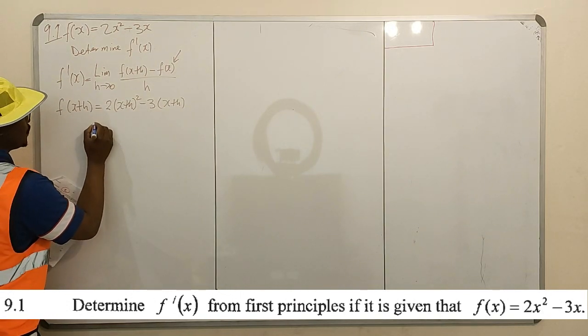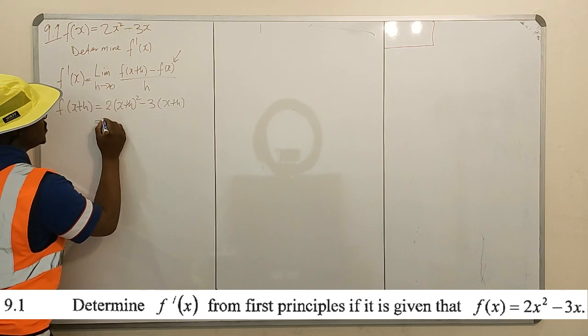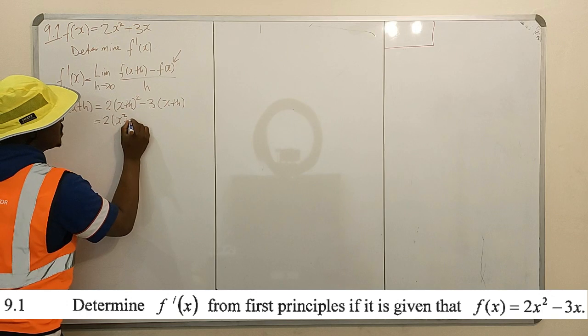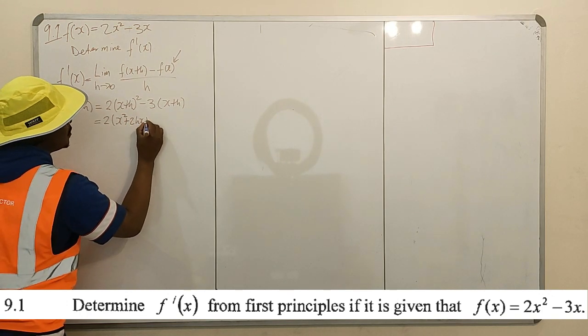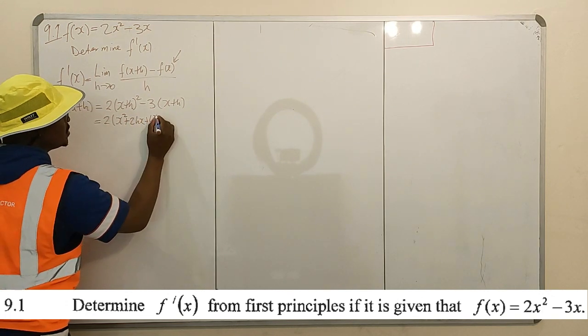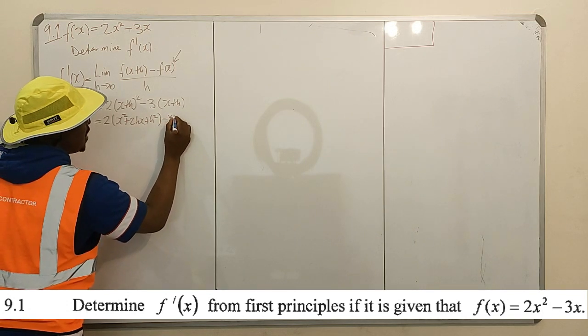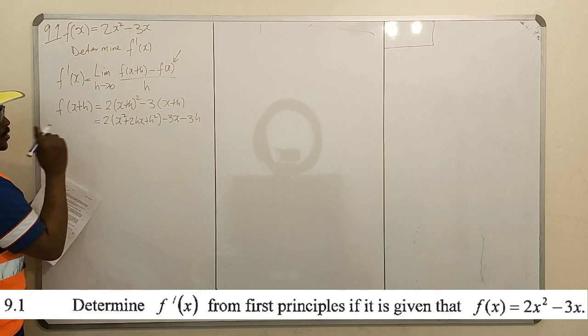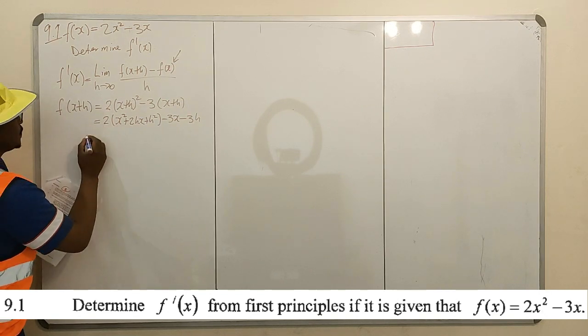What do we have? Simplified version: 2 into x squared, to expand this, plus 2hx plus h squared, right? Minus 3x minus 3h, multiplying by 3 inside this. Then you simplify this.